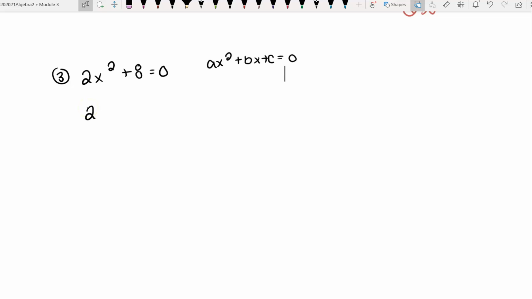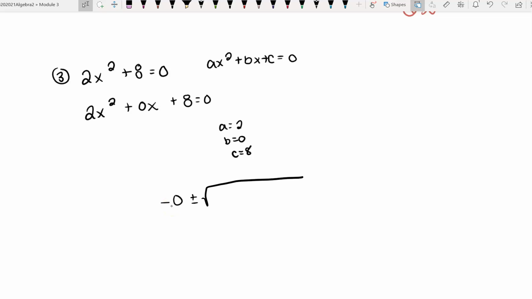So what I can do, like we did in the last section, I can force there to be that middle bx term, but b would be 0, right, because it's gone. So my a is 2, my b is 0, and my c is 8. Okay, so -b plus or minus the square root of b squared minus 4ac all over 2a.